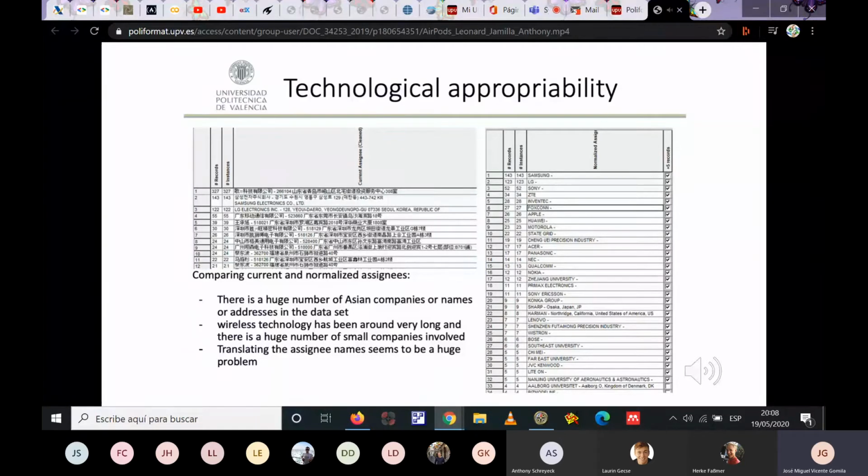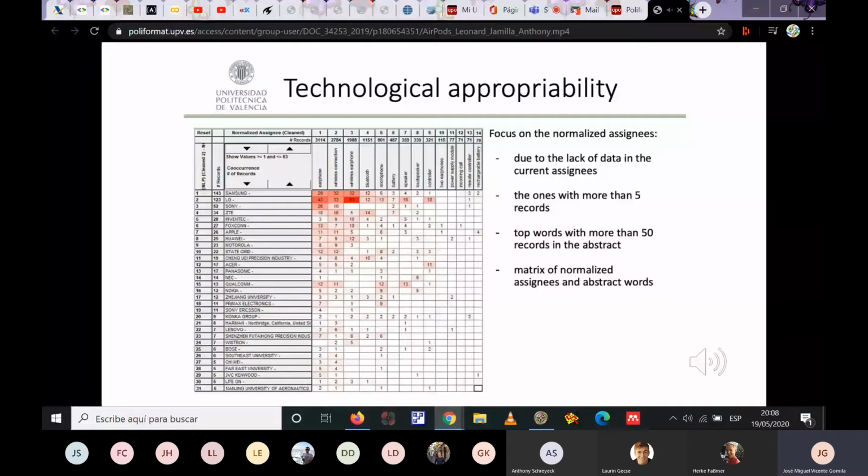In the next step of the analysis, we decided to use the top normalized assignees, which means the ones that have more than 5 records, and combine them in a matrix with the different keywords from the abstract, and there we decided to use the ones that have more than 50 records, and of course only the ones that are relevant to us and our invention or innovation, the earbuds.